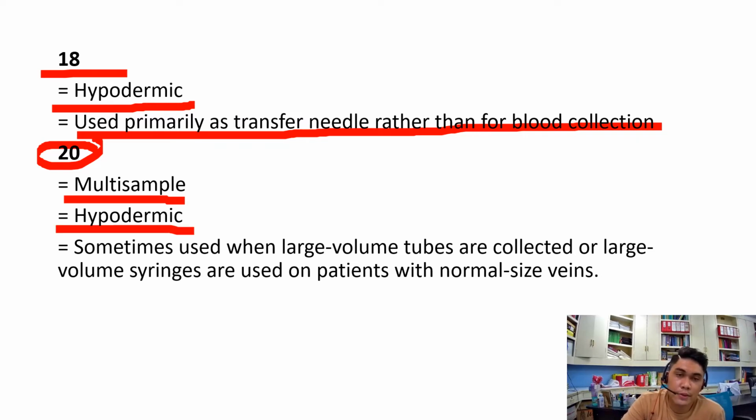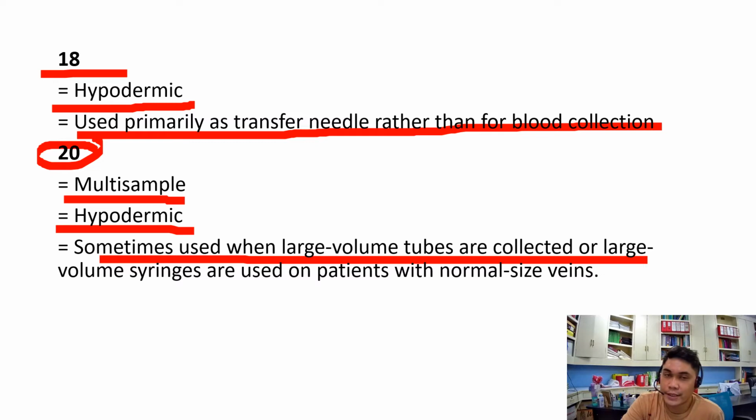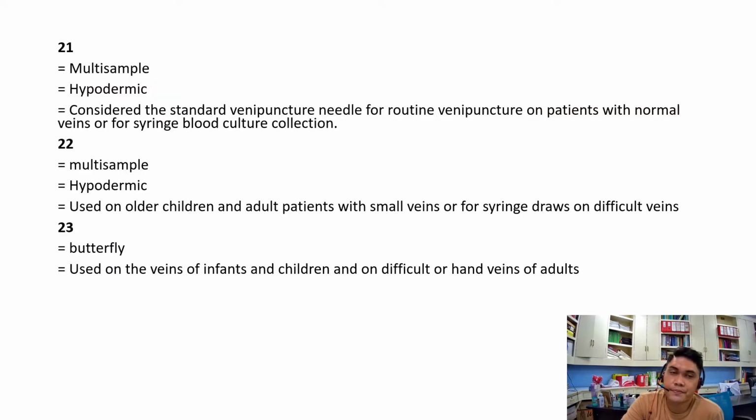Sometimes used when large volume tubes are collected or large volume syringes are used in patients with normal size veins. It's not the standard size, but you can use 20 for patients with normal size veins, or those who have big veins.